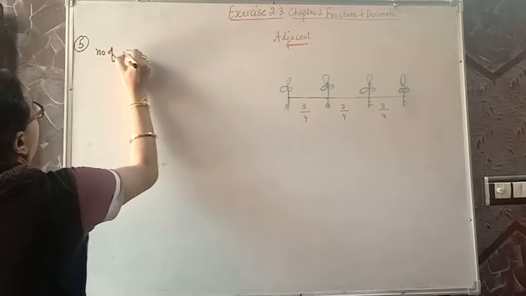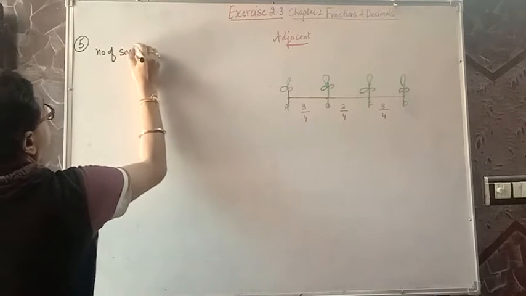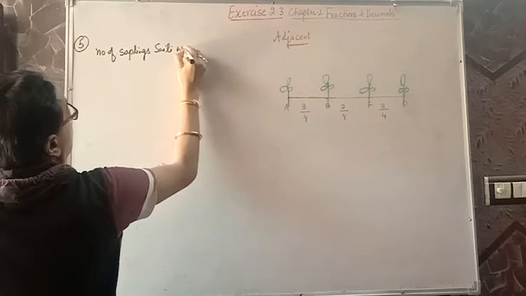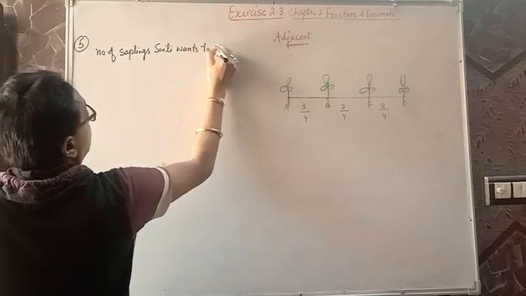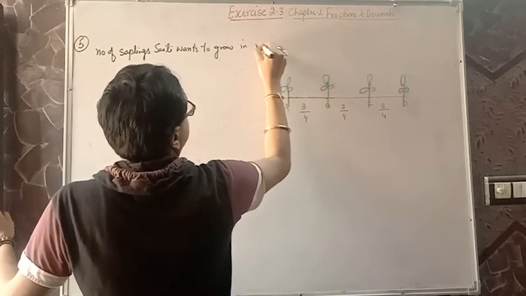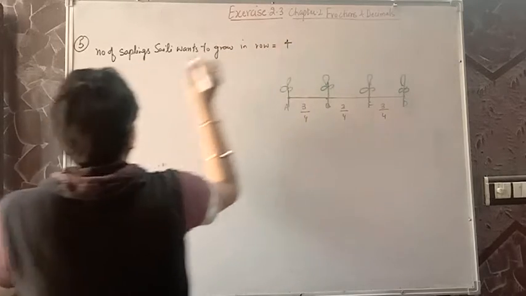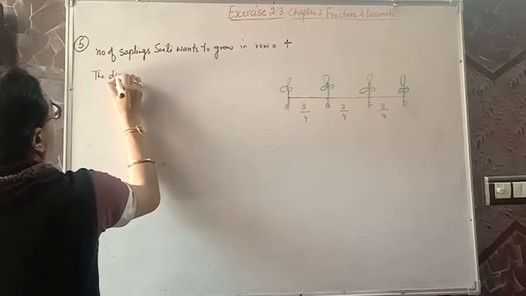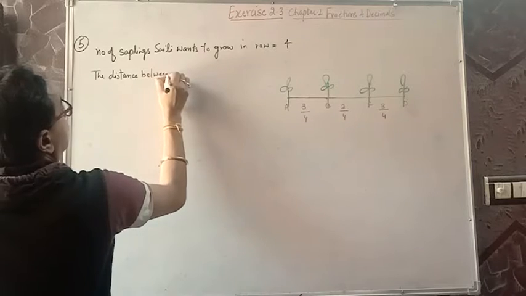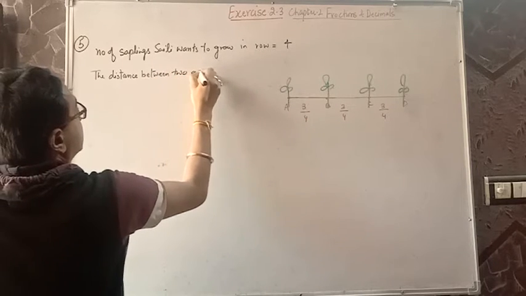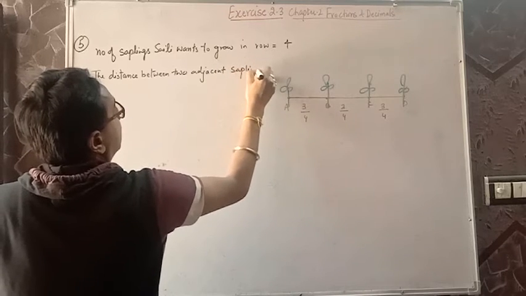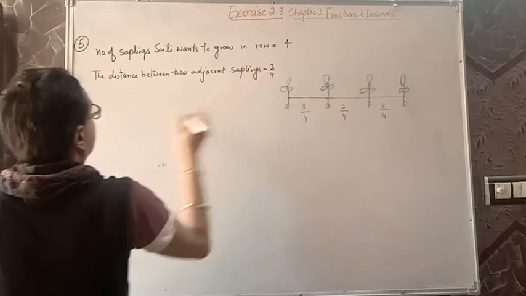The number of saplings Saili wants to grow in a row is equal to 4. The distance between two adjacent saplings is 3 by 4.